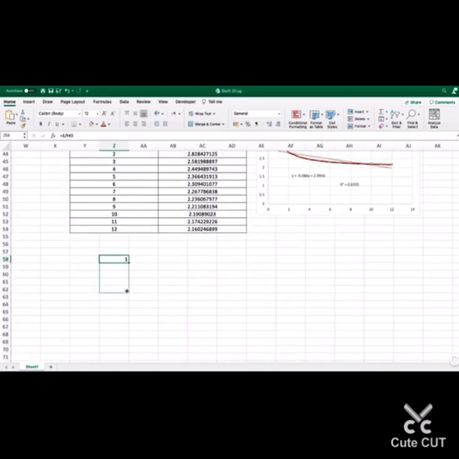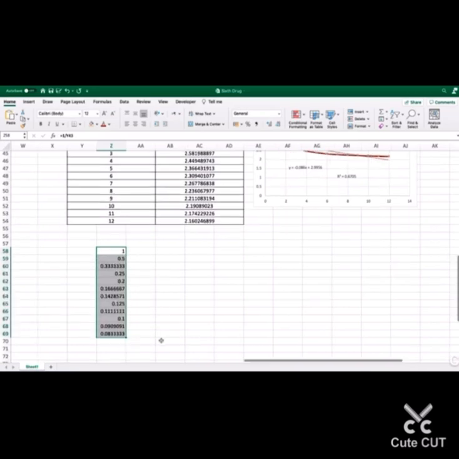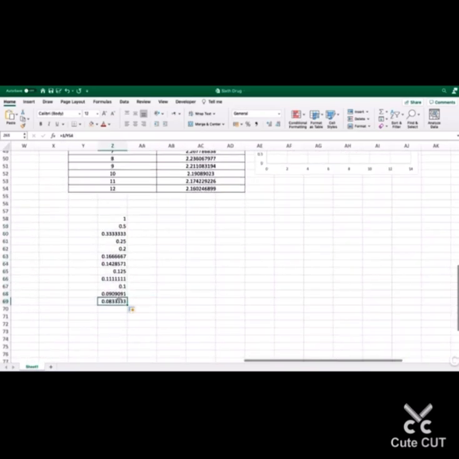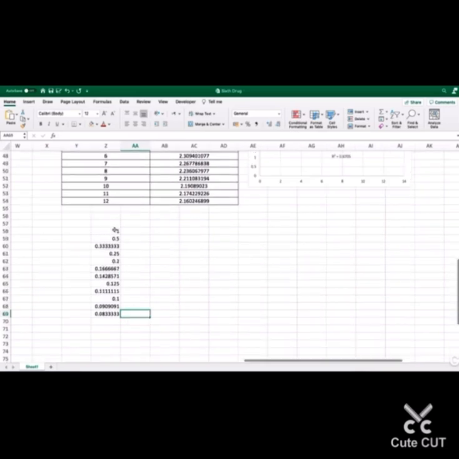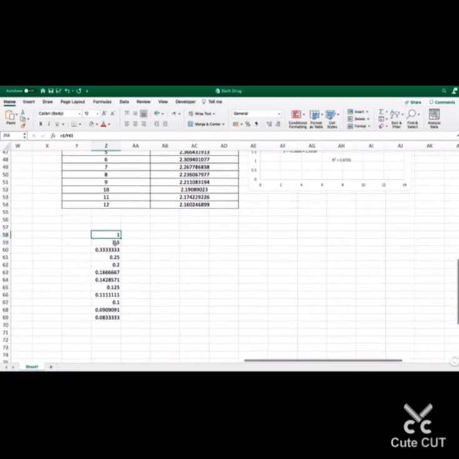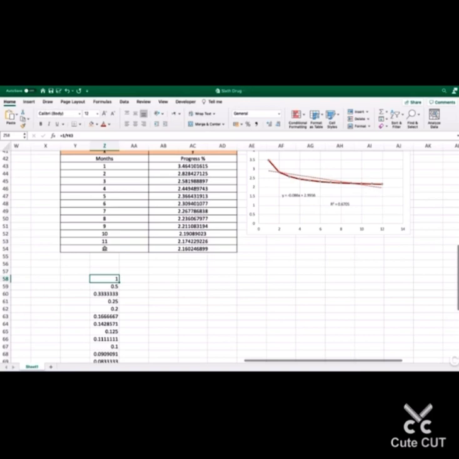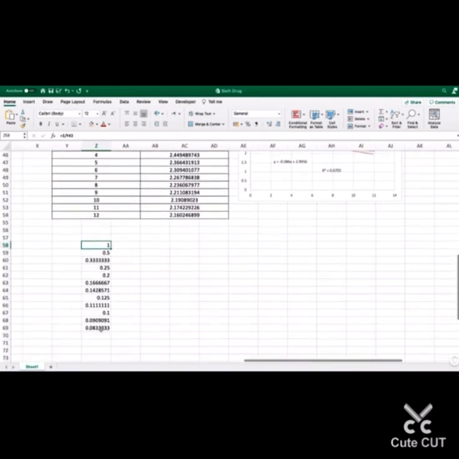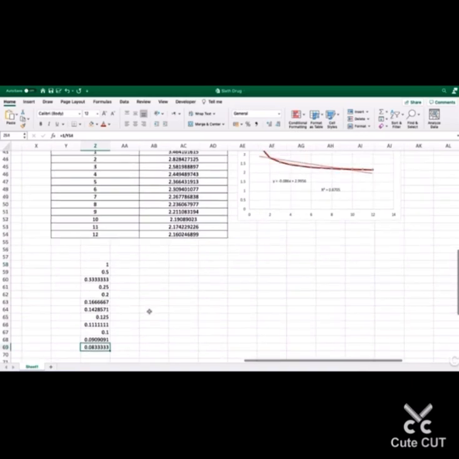The wonderful thing about Excel is that when you copy the cell and drop it down, it will do it 12 times, from number 1 to 12, and show all the results we want. So this will be 1 over 1, this will be 1 over 2, 0.5, just the reciprocal. 1 over 3, 1 over 4, 1 over 5, and so on, all the way to 1 over 12.